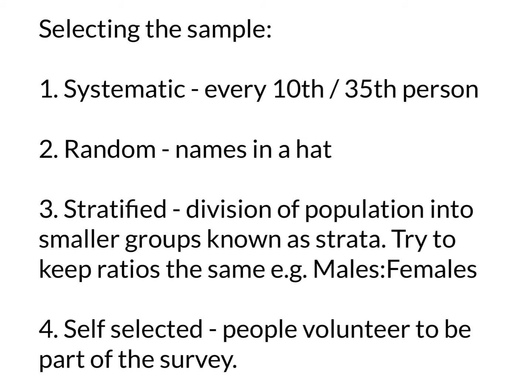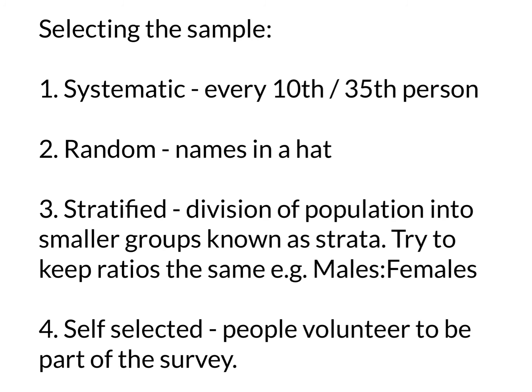When you're selecting your sample, we need to try and do it so that it's not biased. So the first three here are ways that we try not to have bias in our sample. So the first one's called systematic.